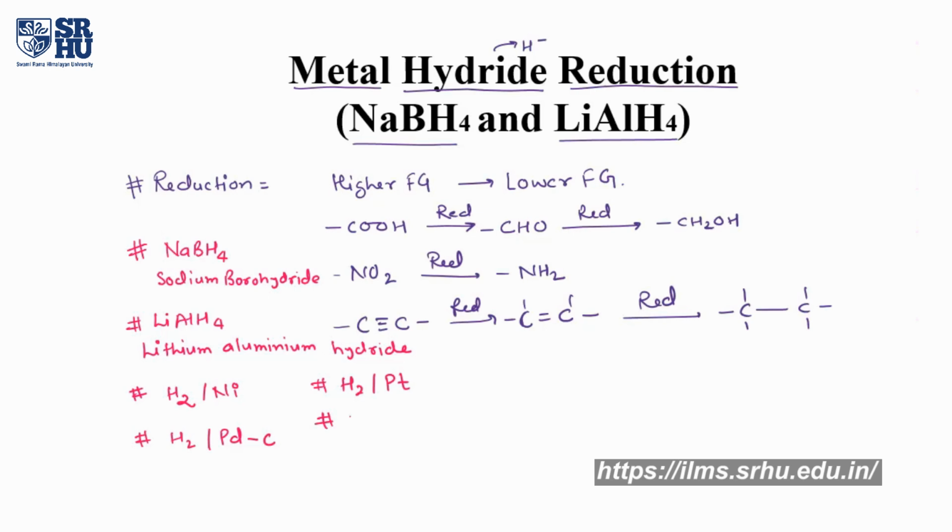And the last, a very famous reducing agent, is known as DIBAL, diisobutyl aluminium hydride. So these are a few common and frequently used reducing agents for reduction in organic chemistry. Now, according to the syllabus, we are going to deal with sodium borohydride, NaBH4, and LiAlH4 in this lecture.